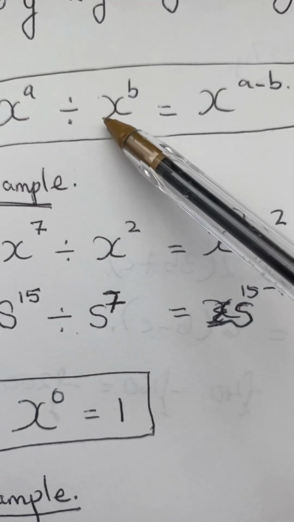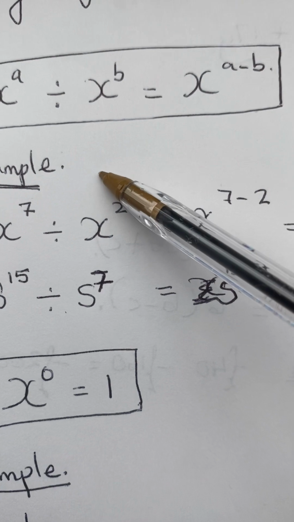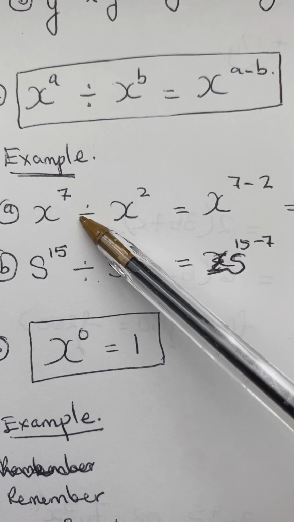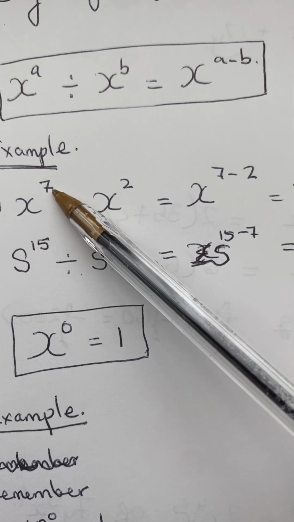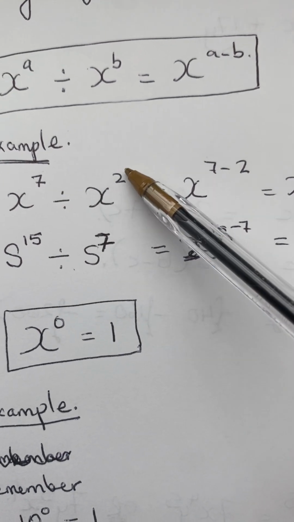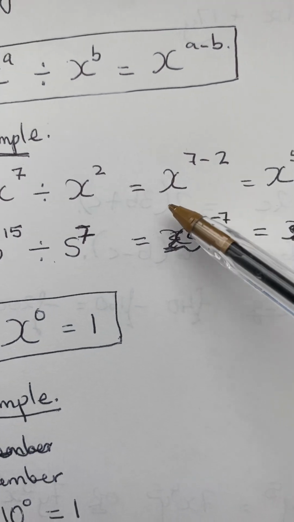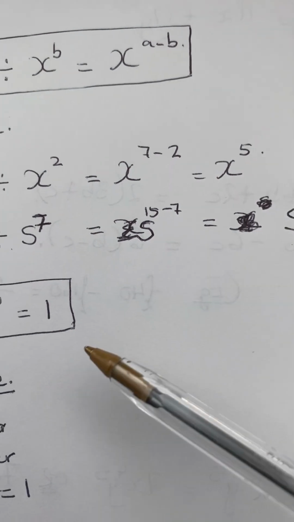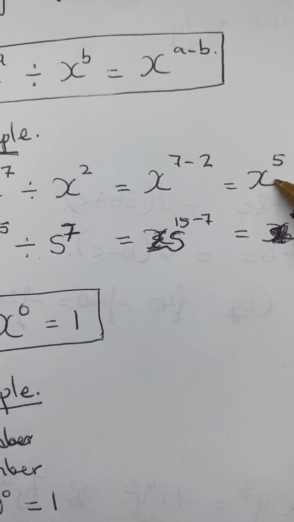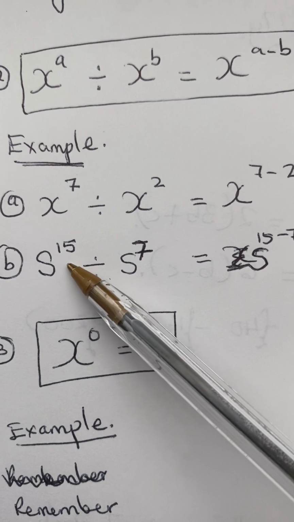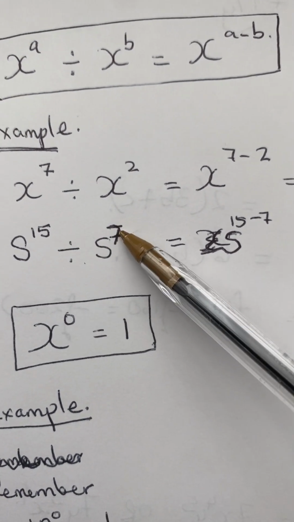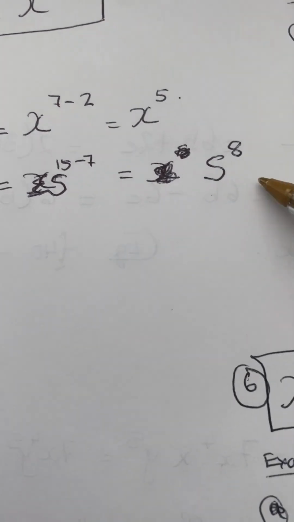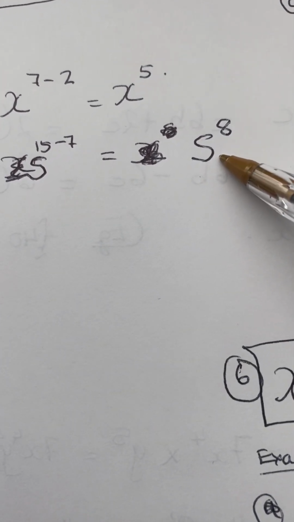But if they are not both x's, then you can't do that. For instance, our first example, x to the power 7 divided by x to the power 2 is x to the power 7 minus 2, which is 5, which I've just recapped. x to the power 15 divided by x to the power 7 will be x to the power 15 minus 7, which is x to the power 8.